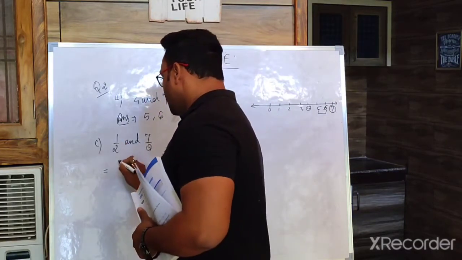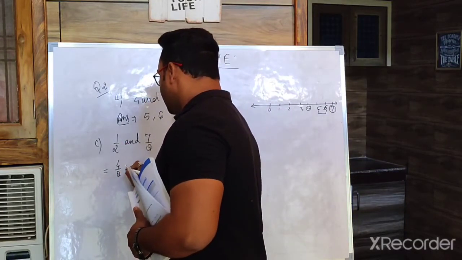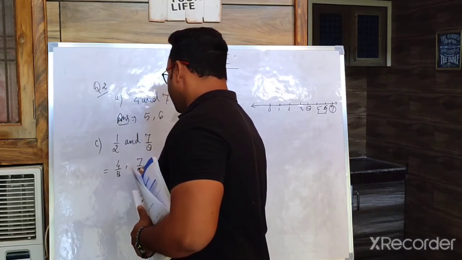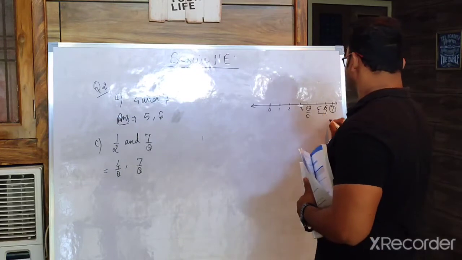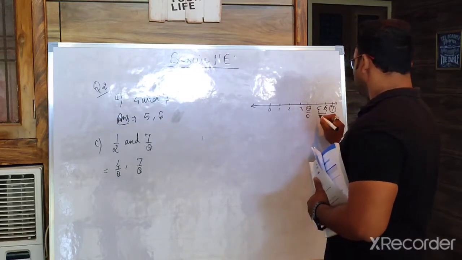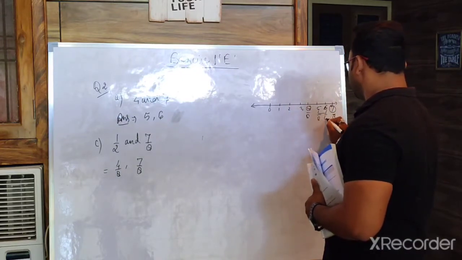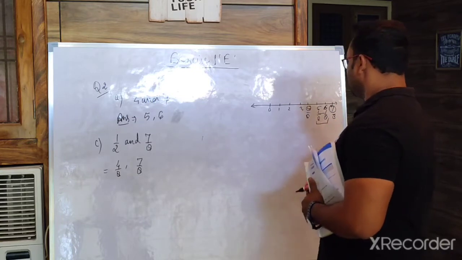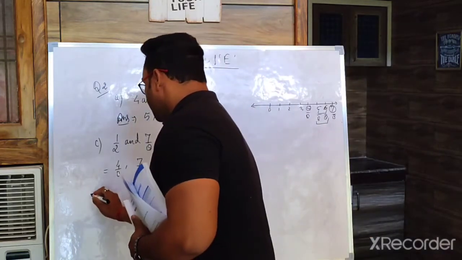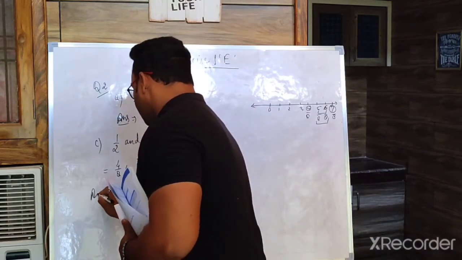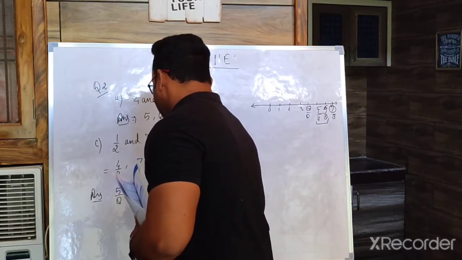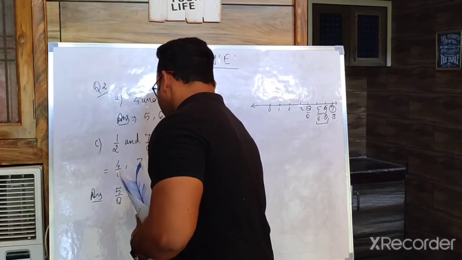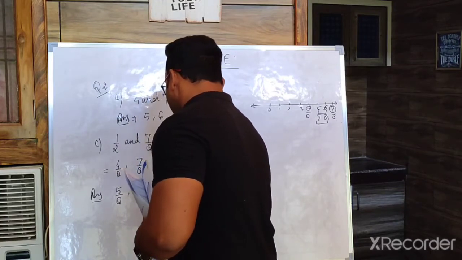So this will be 4 by 8 and 7 by 8. So 5 by 8 and 6 by 8. You will get two fractions in between. Okay. Answer you can write 5 by 8 and 6 by 8. Very easily you have got the answer.